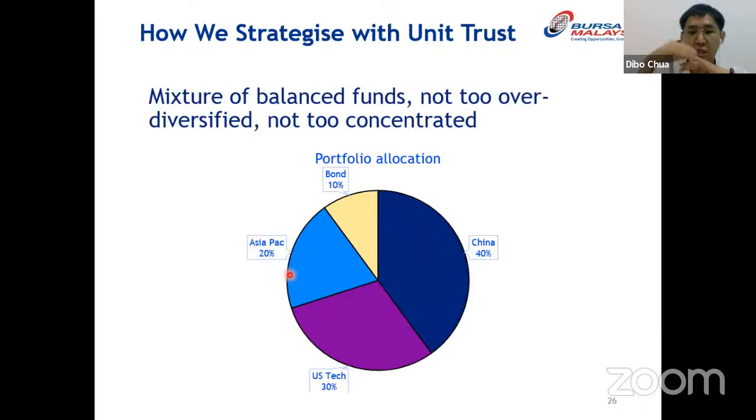You don't have to get as many funds as possible, something like that. No, you can just get easily maybe like 4 to 5 funds, and that's it. But you have to understand each fund, where do they invest? Do they invest in bonds, China, US, Asia Pac? How much is it? So you got to understand about this theory.